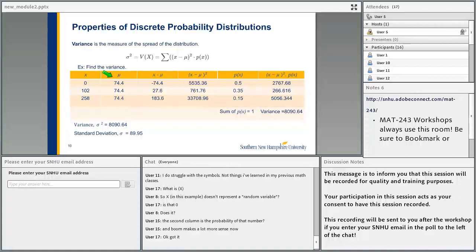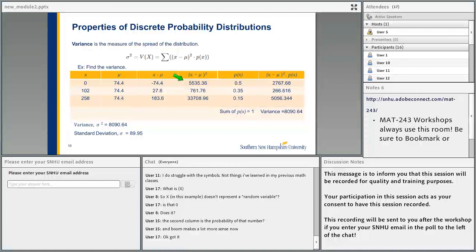So the first step from our formula is to find x minus mu. For each value of x, I'm going to subtract the mean. So I have x minus mu values in my third column. In the next column, we are going to square the values.